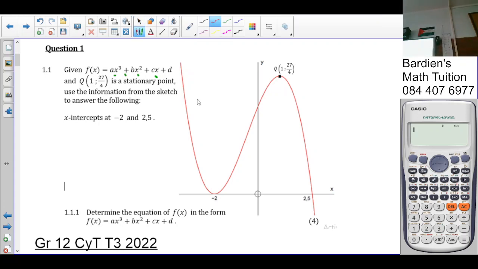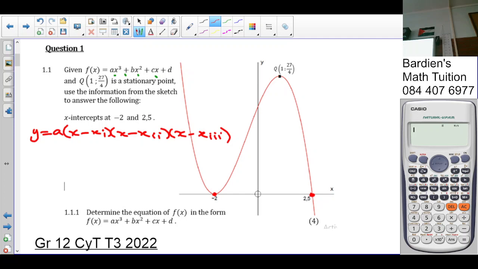But let's prepare quickly. The easiest way to do it, as we know that these are your turning points, not so. You don't need turning points, but your x-axis intercepts. So it follows the formula a into x minus x1, x minus x2, x minus x3. So our roots are what? Our x values are what? Minus 2, you have 2 at minus 2.